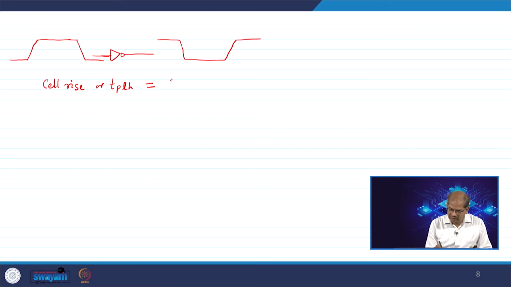One is your output load capacitance, CL, and the input transition time.